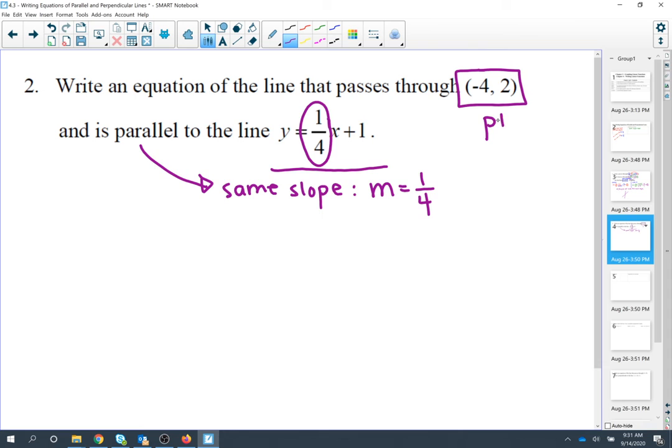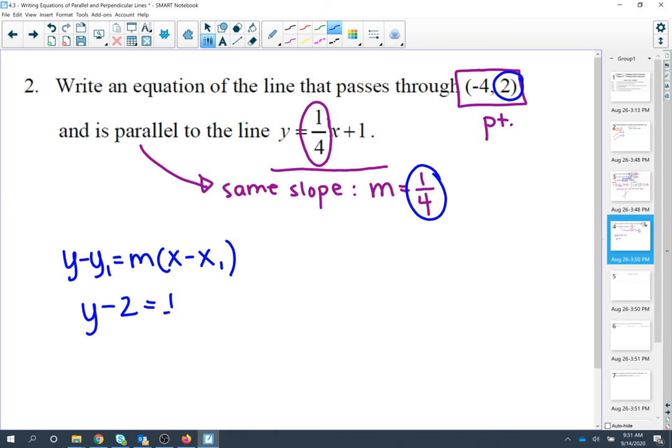So I have a point and I have a slope, which means I'm going to go back to my point-slope form, which is y minus y1 equals m times x minus x1. y minus, here's my y value, 2 equals my slope, 1/4, times x minus my x value, -4.